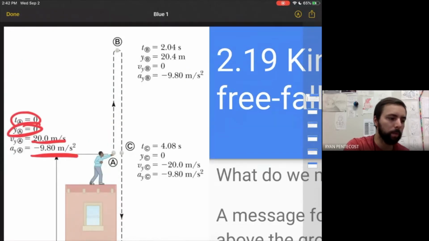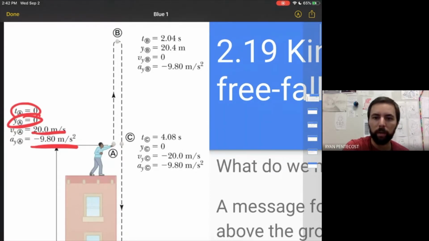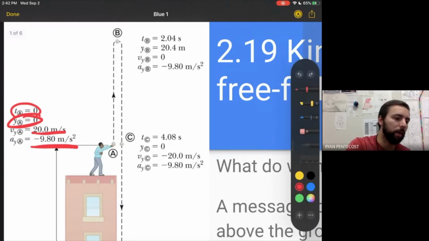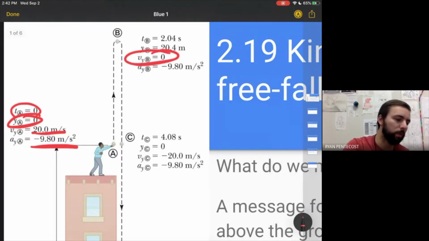So he throws it up. It peaks at 2.04 seconds at 20.4 meters. That stuff we don't really need to know. But our hint here is that at the peak, we have a velocity of 0. That's important.